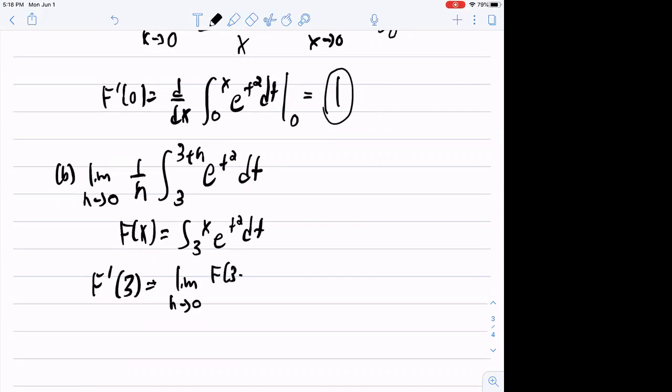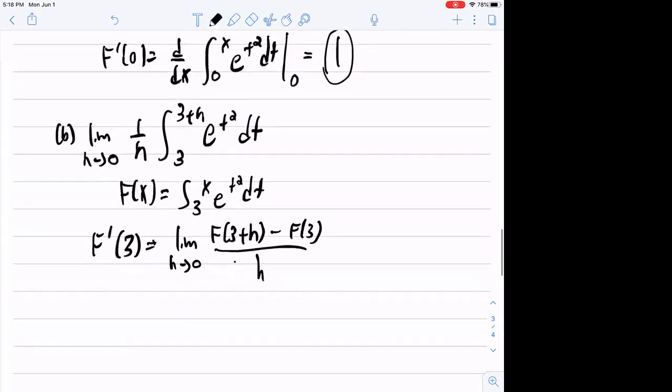It's F of 3 plus h minus F of 3 over the difference of the two, which is just h. So I'm just going to write h. And again, F of 3 is 0. So what you see is you get exactly the thing they're asking, the integral from 3 to 3 plus h of e to the t squared dt.